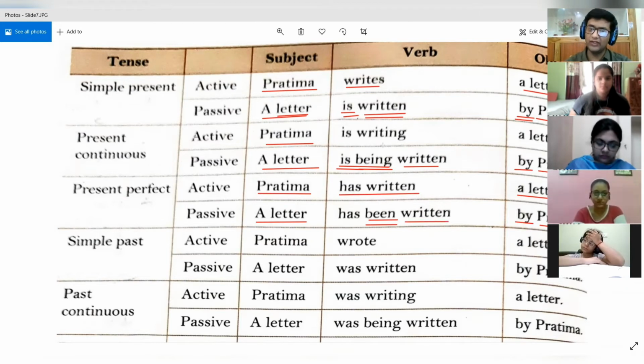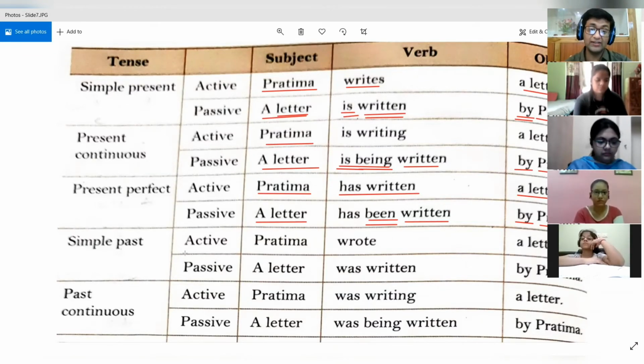So it will always be written, written, written for everything. But this be form will keep on changing according to the tense, right? So you will have to be very particular about the be form, the auxiliary verb. Whatever the form of the tense used in the active voice, you will have to use the similar form of be verb for the passive voice. Otherwise, your conversion will be wrong.